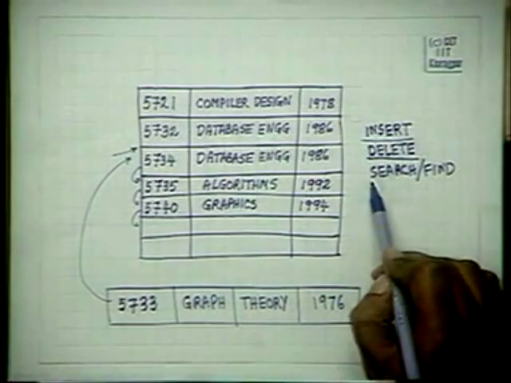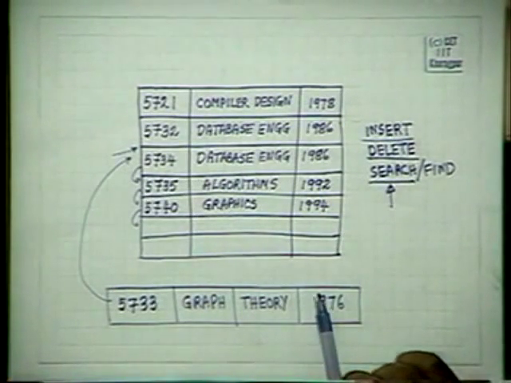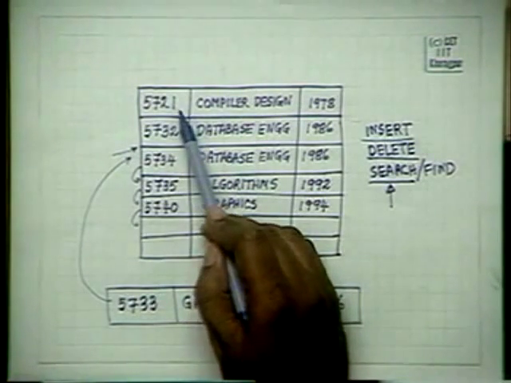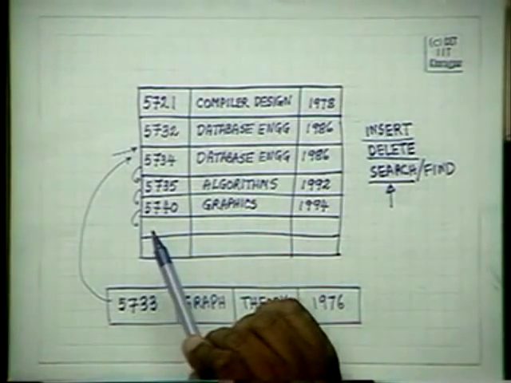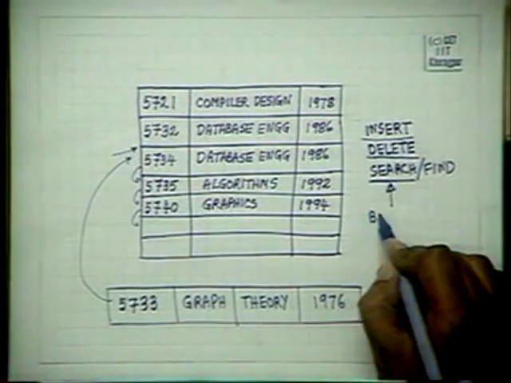But it is to be remembered that this searching is a block search operation. When you have to search, you don't search record by record. What you will do in a sequential file search algorithm, you will first get a particular block. Search is a block search.